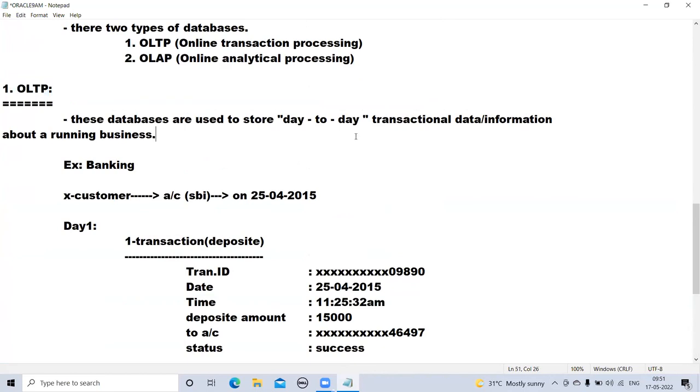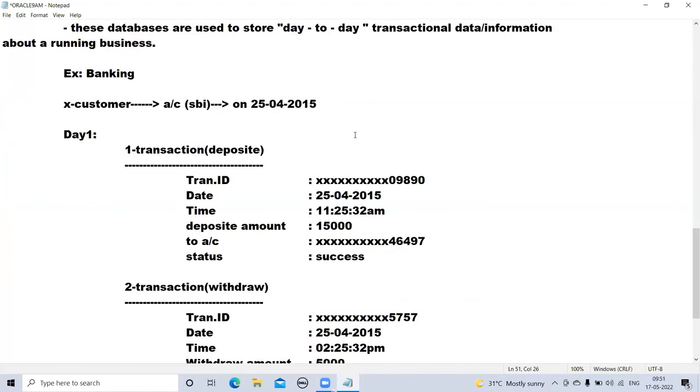So like this, through an online application, whatever transaction we perform, every online transaction's information is saved or stored under OLTP databases.